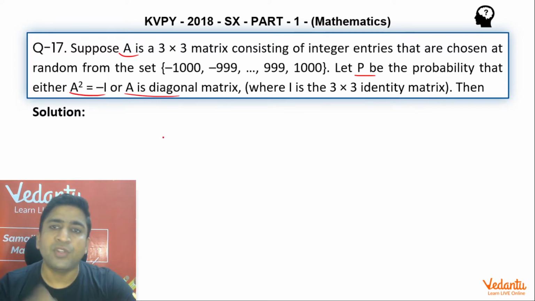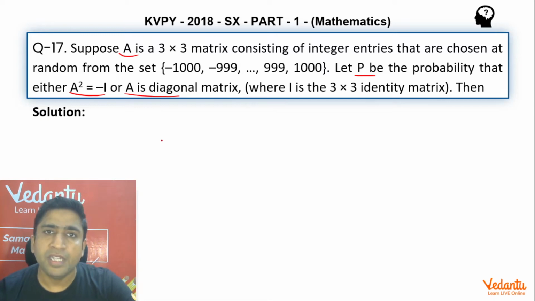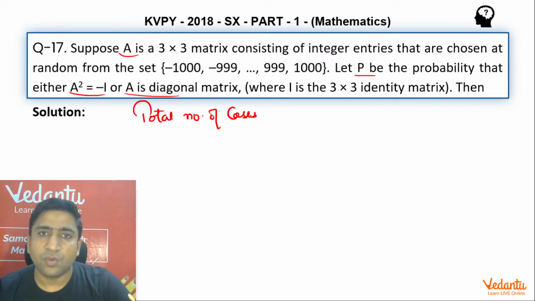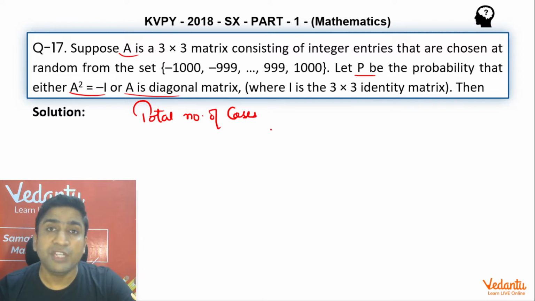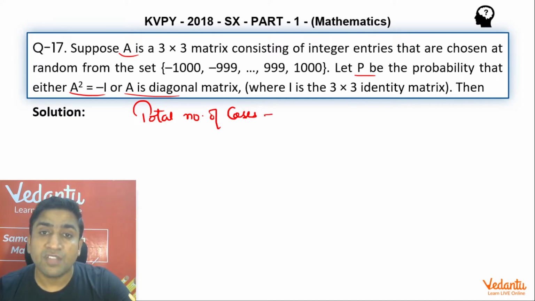The very first thing I'm going to do, since I want to know the probability, is to find out the total number of cases, the total number of matrices that I can have. If I am having a 3 cross 3 matrix, that means I'll have to fill up the 9 places, right? So total number of cases will be what, guys?